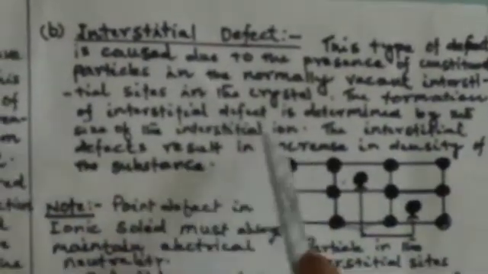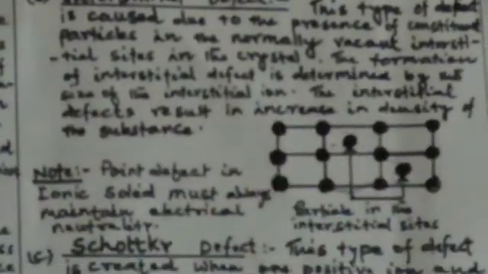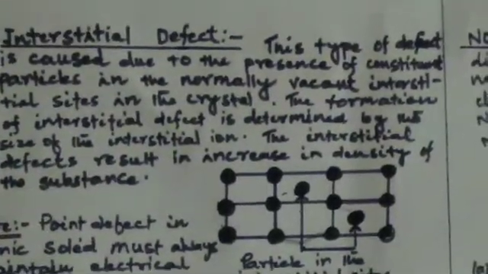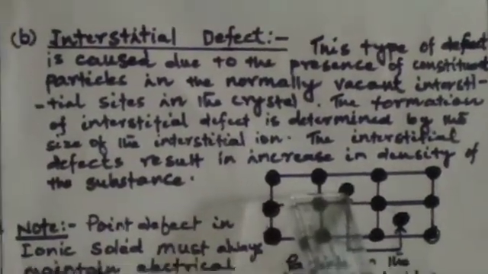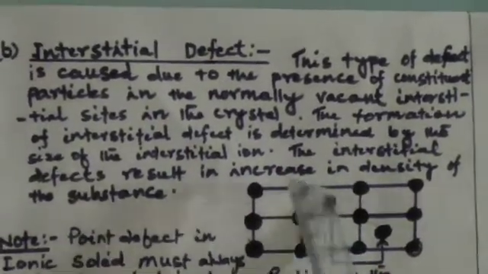That means all the lattice sites will be properly occupied by the constituent particles, and some additional particles will be present in the interstitial site or void, which is clear from the figure. Now, the condition is that the particle occupying the interstitial site must be very small in size so as to fit into this void.